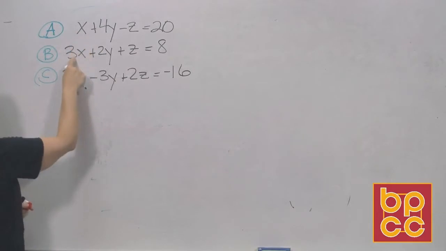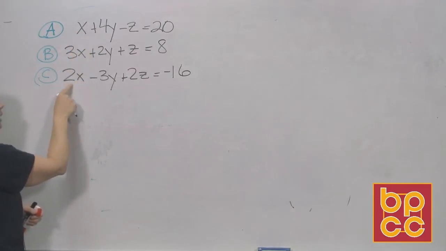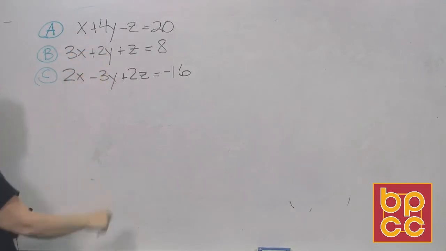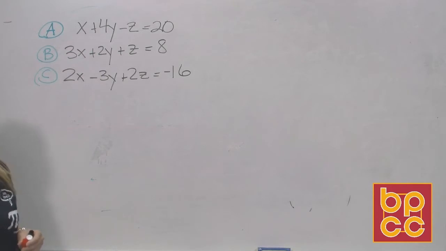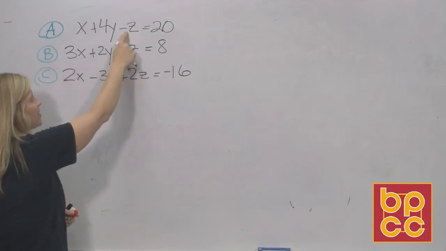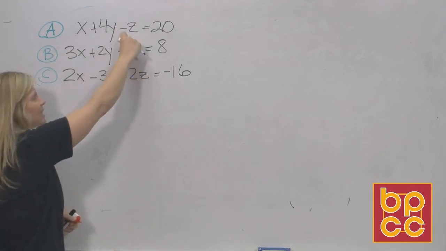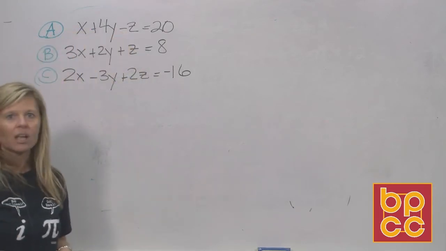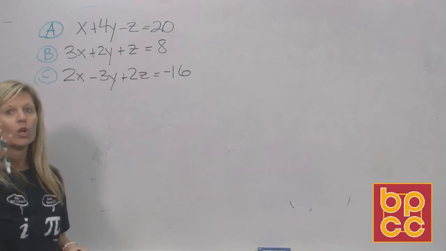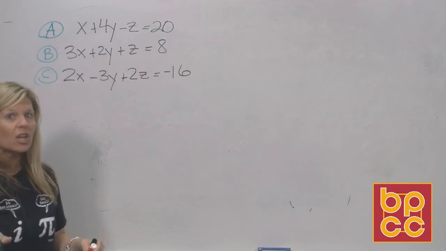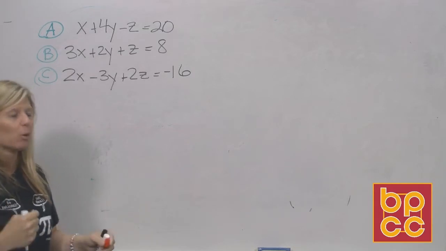Well, none of the x's are opposites. None of the y's are opposites. But if you look closely, isn't this negative z and this positive z opposites? So if you put these together by adding, wouldn't they cancel? That's what you're looking for. You're looking to find 2 equations that you know when you add them, a variable will cancel.